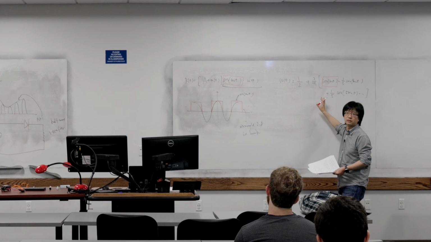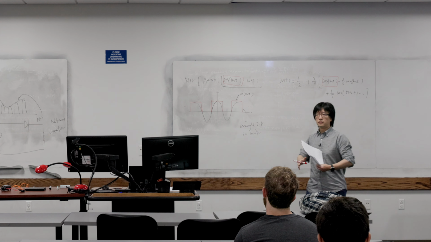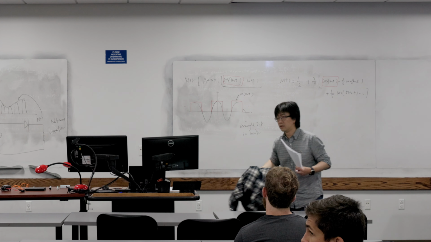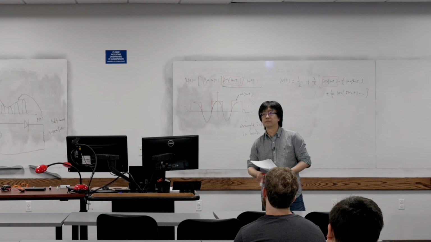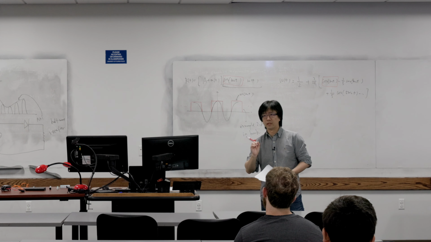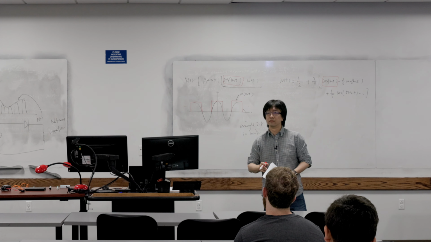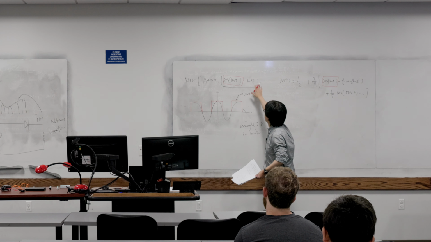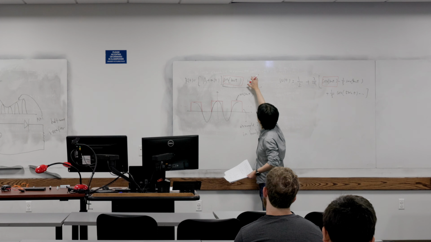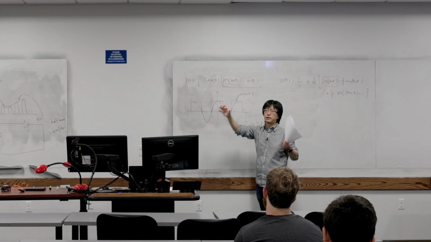Do you agree? Just think a little bit. Yes? Isn't the carrier already a high frequency component, because we assume it was much greater than the message? Yes, it's a high frequency component. For this term only, if we don't consider the cosine omega_c t, it is already high frequency.